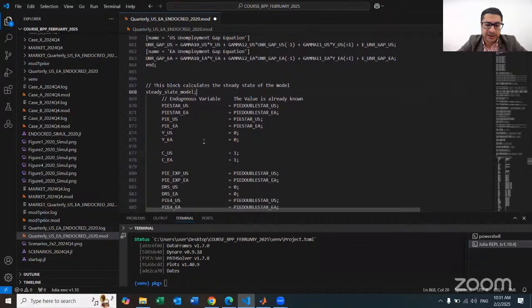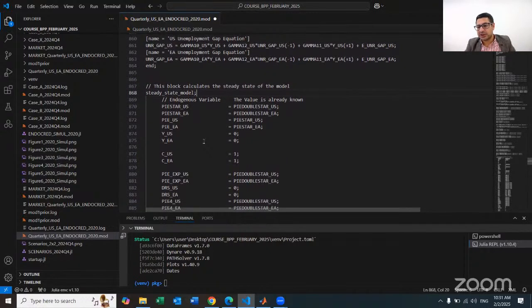Okay, and for these kinds of models, it's very simple to write down the steady state block of the model.